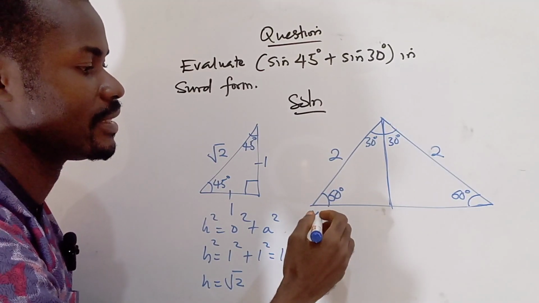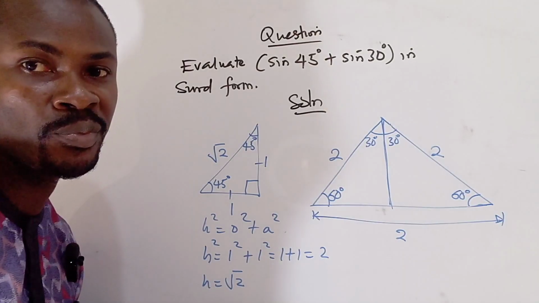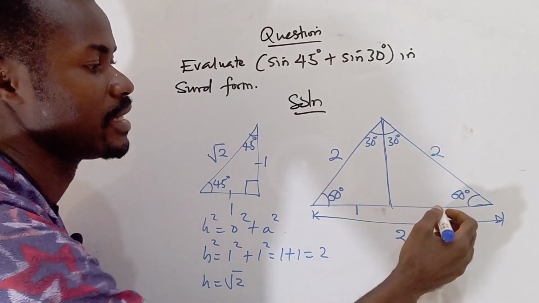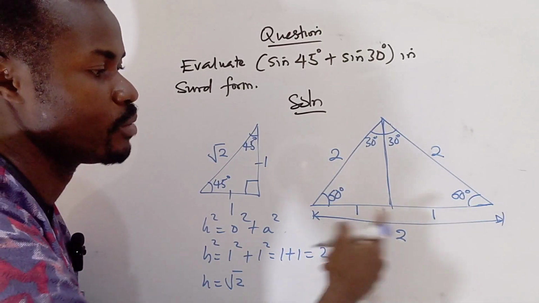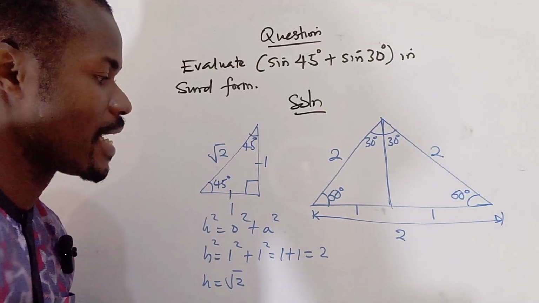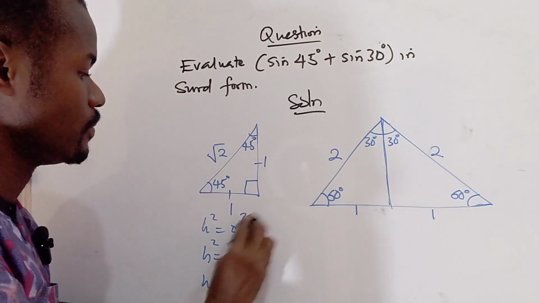So the whole of this length is also 2, but half of it is going to be 1, and this is going to be 1. Now 1 plus 1 is going to be 2.